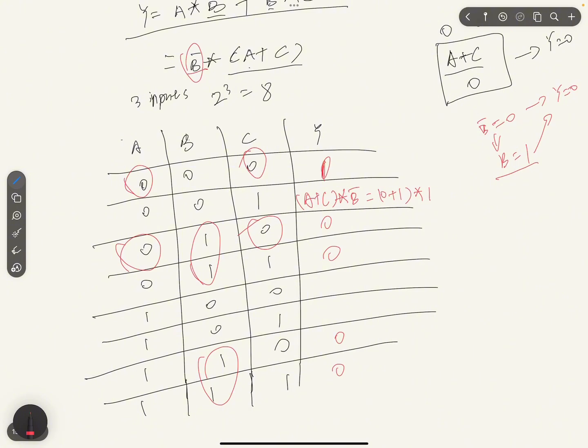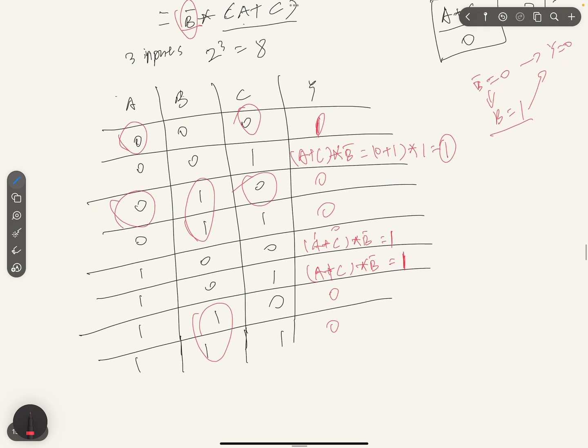B is 0, B bar is 1, so that will give us 1. So the result will be 1. This one is A plus C times B bar. Same thing, it should also give us 1 plus 0. B is 0, B bar will be 1, so that will also give us 1. A plus C here, both high is high, times B bar. B is 0, B bar will be 1, so that will also give us 1.